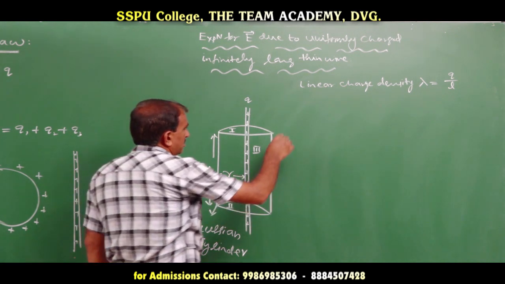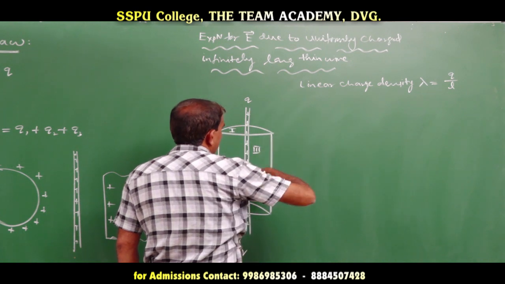Now write down the total electric flux through the Gaussian cylinder.